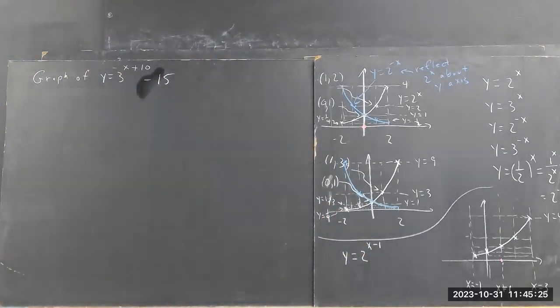It's going to be a 3 to the x graph, and I think you can identify the transformations. If you can't, let me know, but everybody identified them correctly with the 2 to the x function. So I think you'll identify them correctly here.